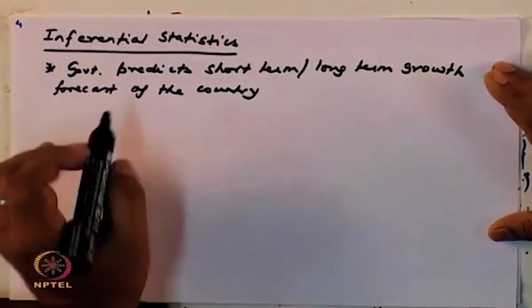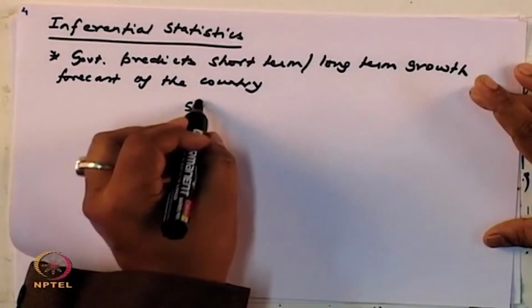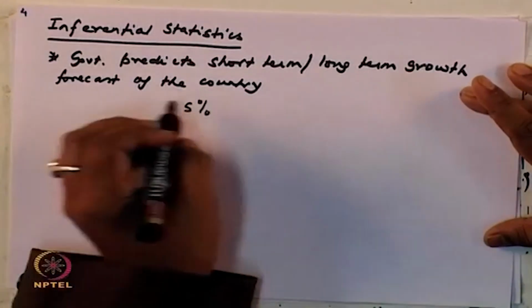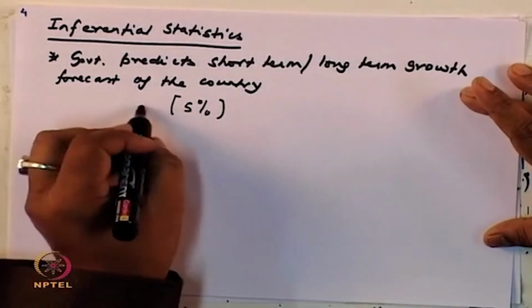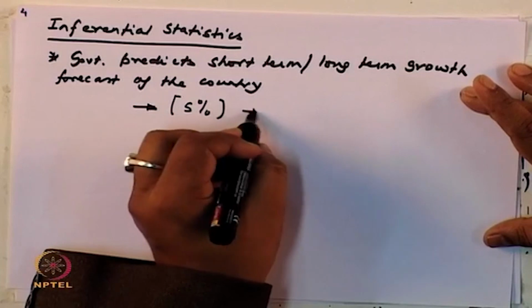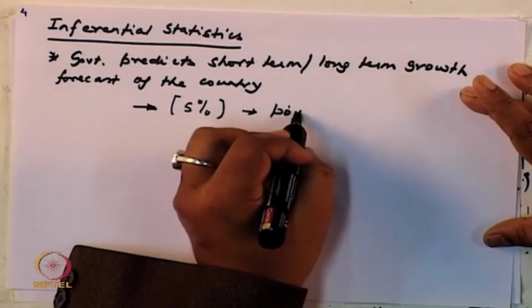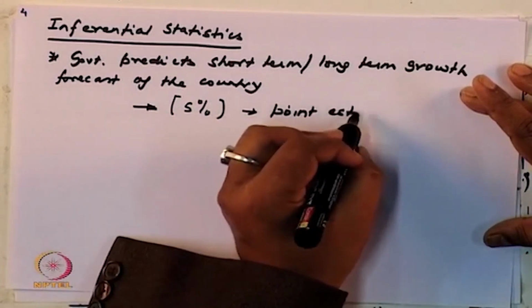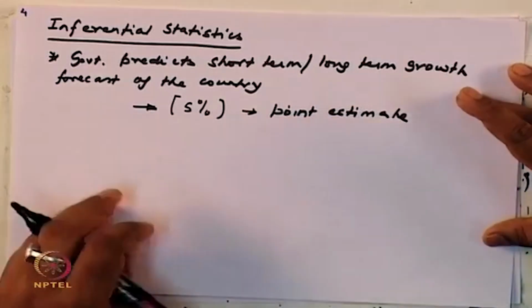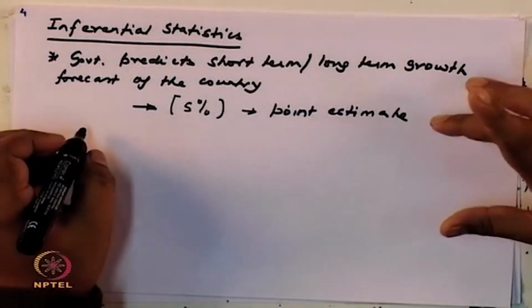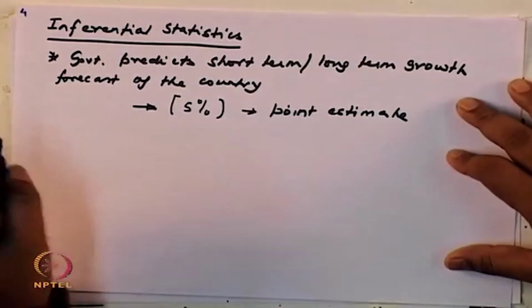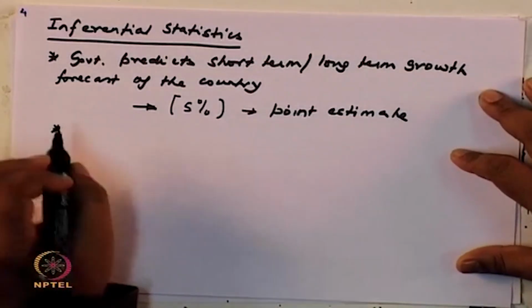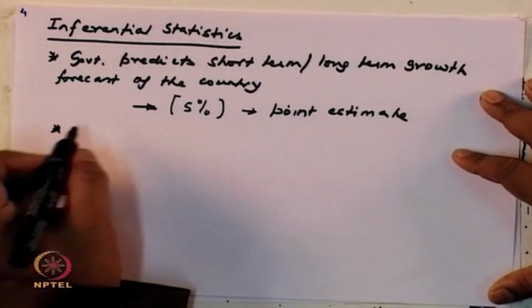This might be, let us say, that the GDP will grow at 5%, at 7%, and so on and so forth. So, here you have what is called a point estimate. That means we are predicting, or the statistics is used to predict, a single value, versus, let us say, you can estimate a range.